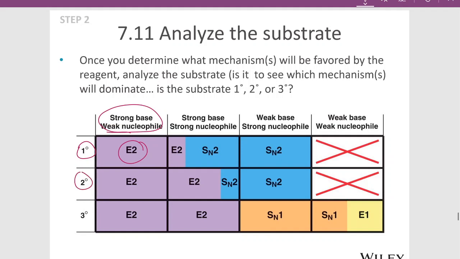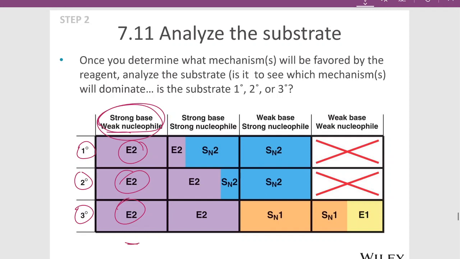And that's true for primary, secondary, and tertiary substrates, because remember, for elimination, we don't have that limitation of having to access the alpha carbon, and so we don't have the steric hindrance as a factor. So for strong base, weak nucleophile, E2 is going to be much faster than the unimolecular reactions that would be possible. So we're going to get E2 for all of those.